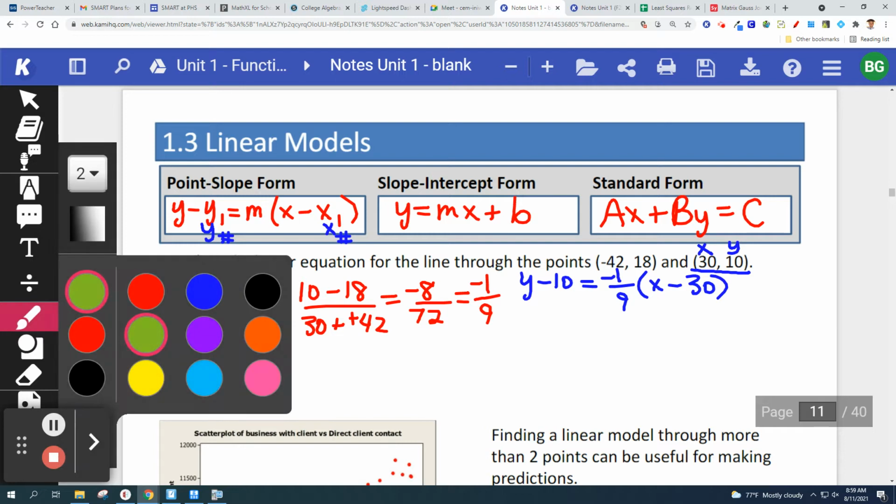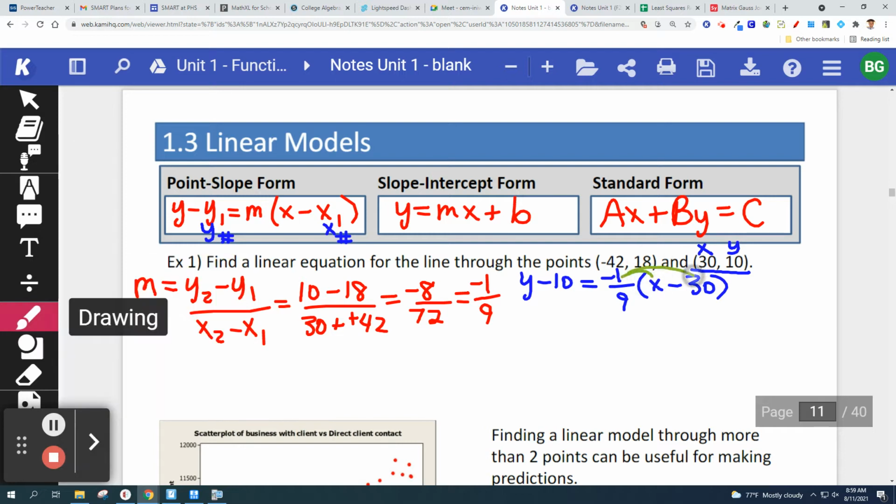So let's look at distributing to get rid of the fractions here. I'm going to write kind of small because I'm about out of room. So y minus 10 equals negative 1/9 x plus 30 over 9. And yeah, I know that's an ugly fraction, but you're going to have to deal with fractions at some point.